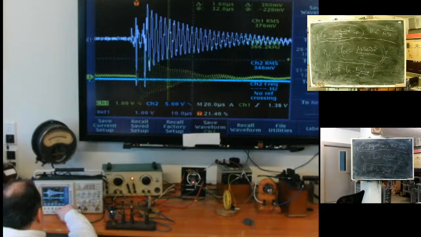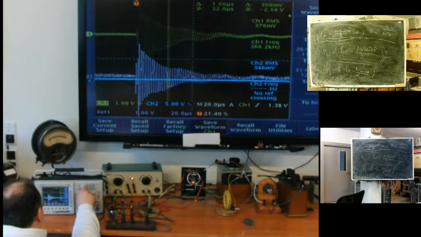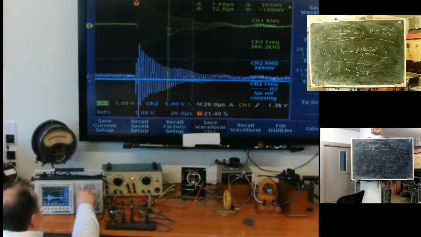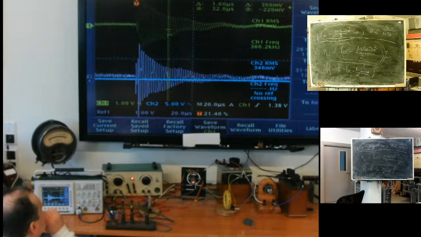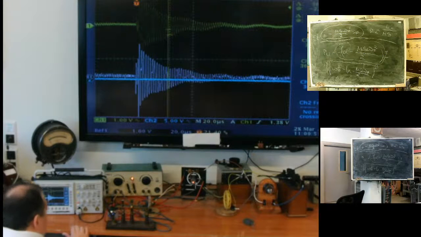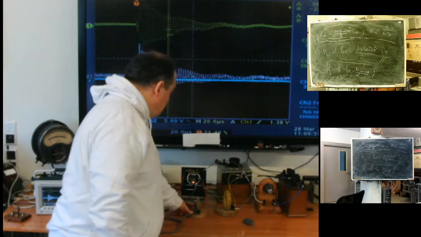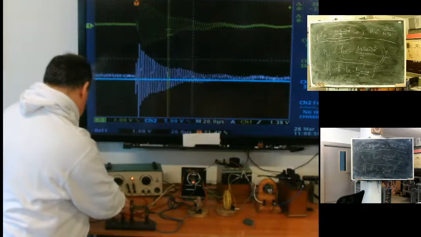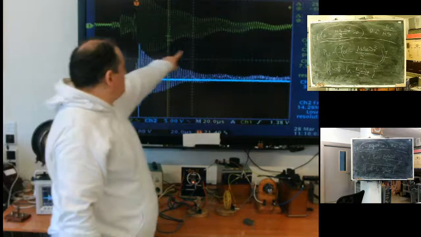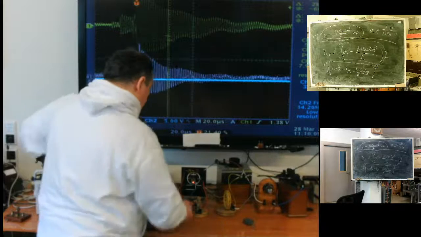Save channel 1. I saved the process with this coupling to change the time scale. Now stronger coupling. We can see the process lasts longer, much longer.